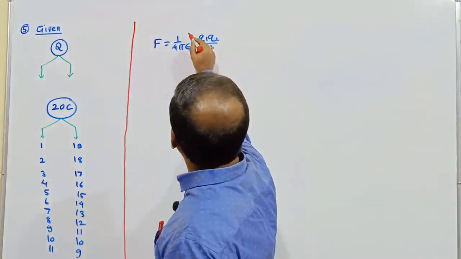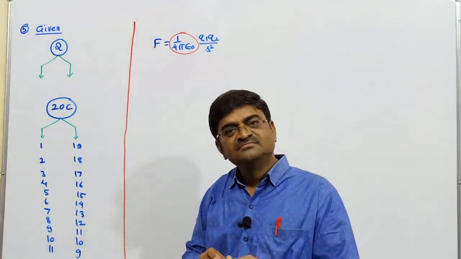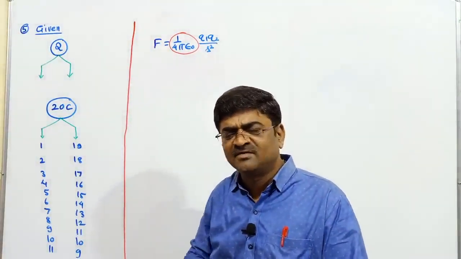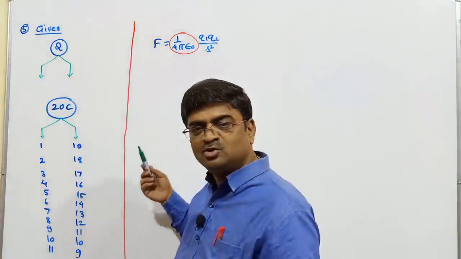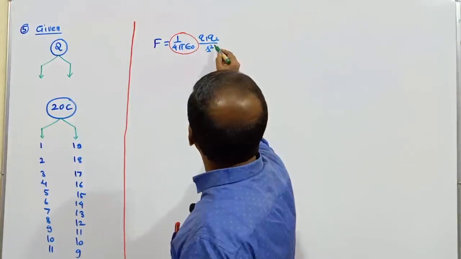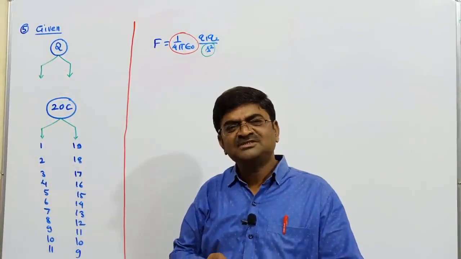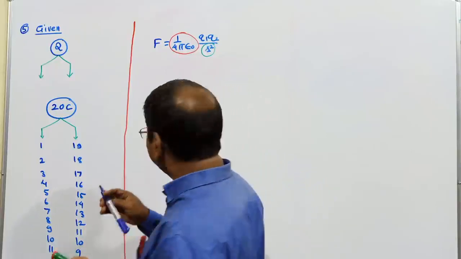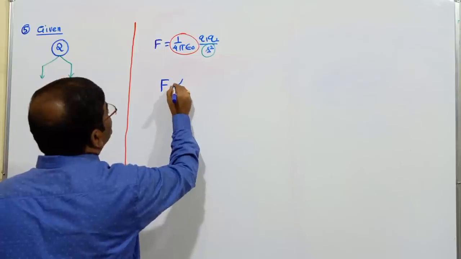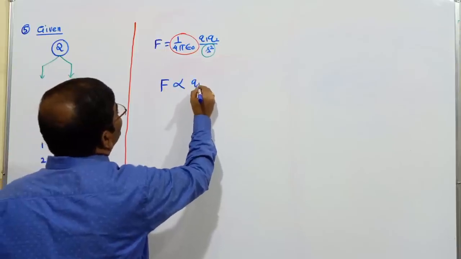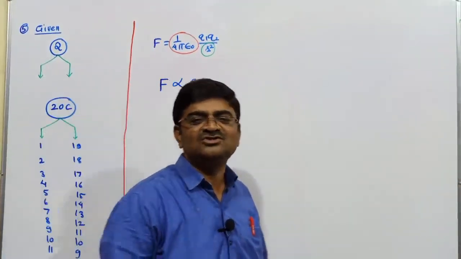So for every pair this parameter is going to be the same. Whichever pair I select, I am keeping in the air, with the same separation for every pair. So what does it mean then? Whatever the force I am going to have, that is going to be exclusively decided by the product of magnitudes of those two divided parts.